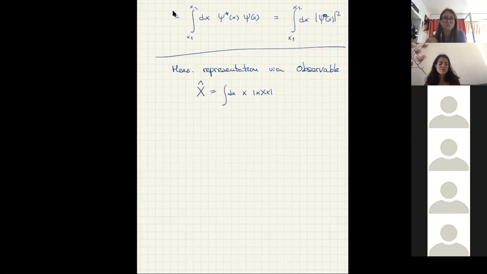Okay. So if we do this, we can talk about things like the average outcome, which in this case we call the average position, and it's represented like this, for example. We'll do this in the class.